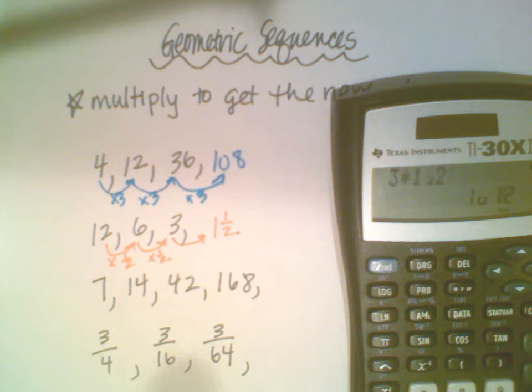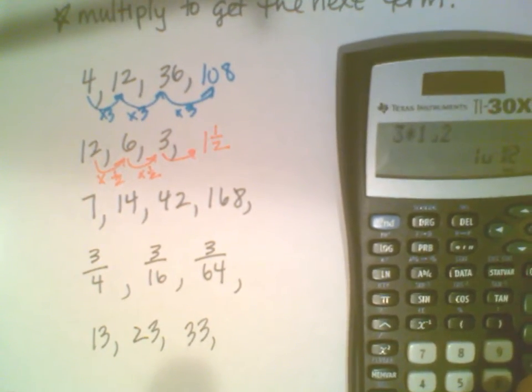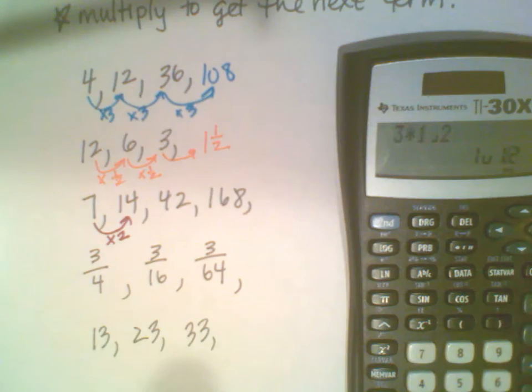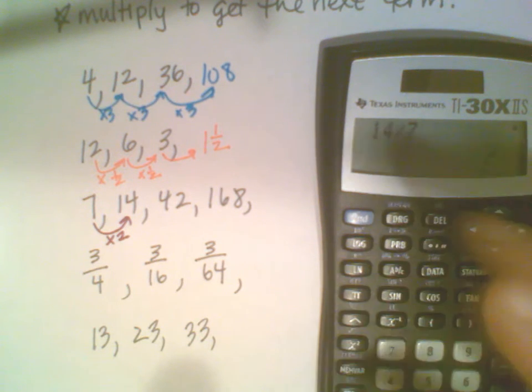Now, when I move on to a problem like the next one, you do have to be a little bit careful sometimes. This one isn't incredibly obvious to me. What I notice here is 7 times 2 is 14. And again, if I did 14 divided by 7, I would find that, yeah, 2 is that difference between there. So now I have to check the next one.